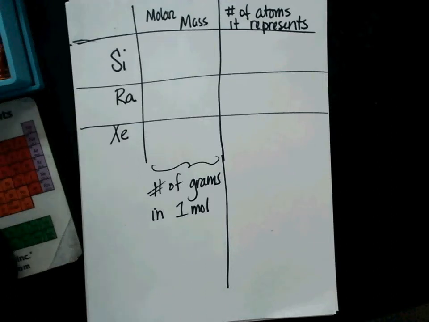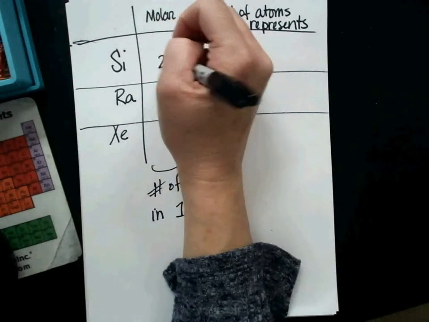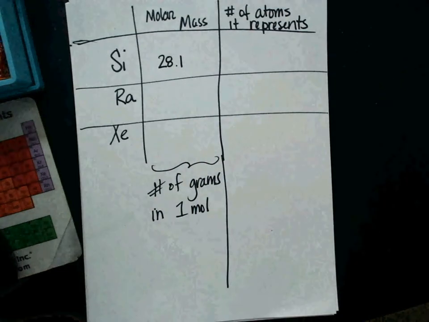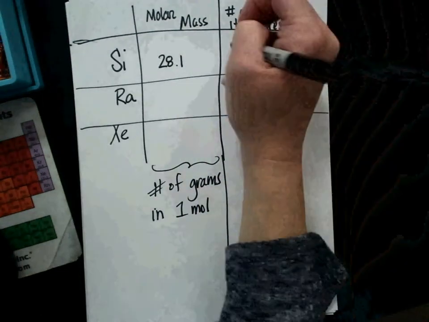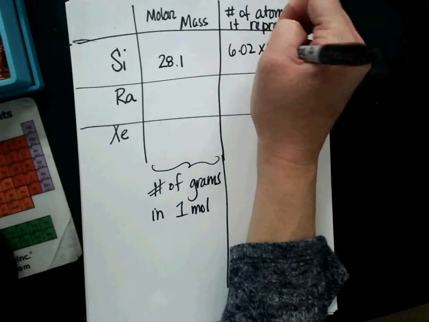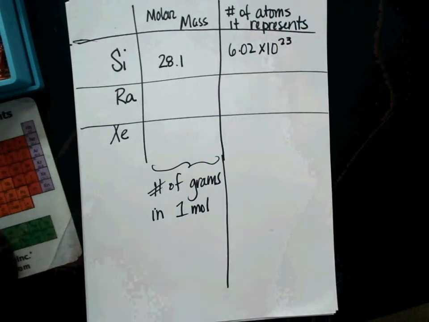Okay, so who's got the molar mass for silicon? Everybody should. Carly, what do you have? Okay, she said 28.1. What did you tell me about the number of atoms represented? Yeah, 6.02 times 10 to the 23rd.